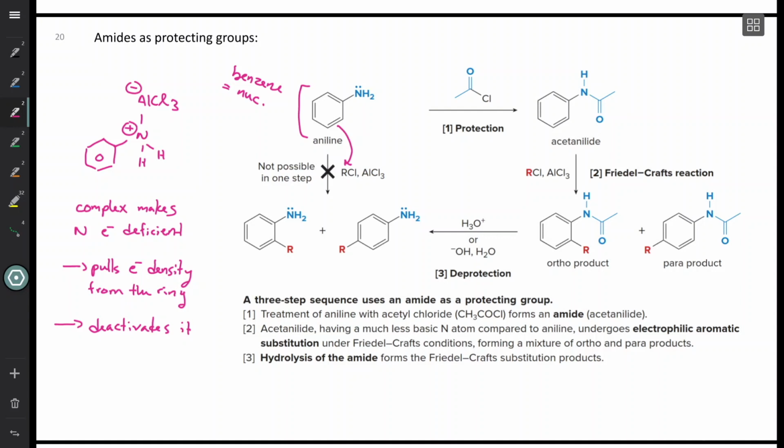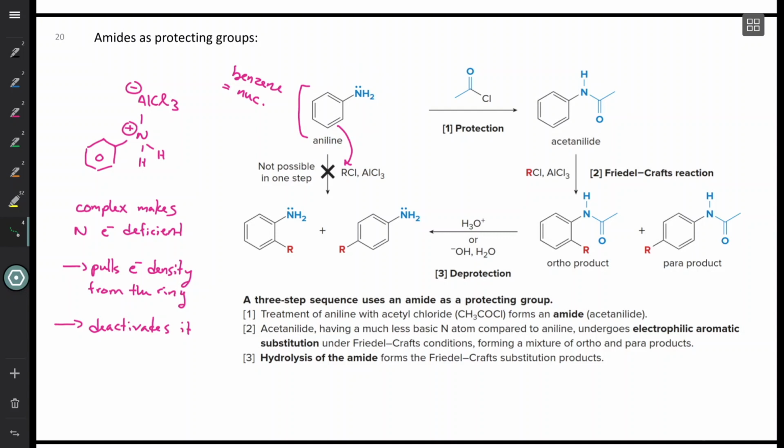So if you have this very withdrawing group, basically now the nitrogen is positively charged, it's electron deficient, it wants that electron density from the ring, and what will happen is that the ring will just not be electron rich enough to make this reaction. So in the end, you think you've done it, but then you quench with water and you lose the aluminum chloride complex and you just get your starting material again.